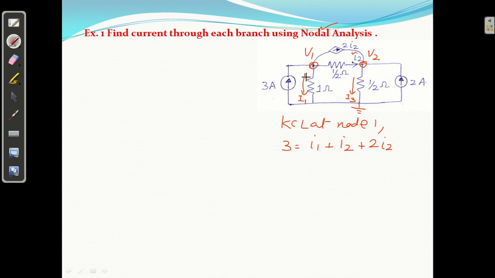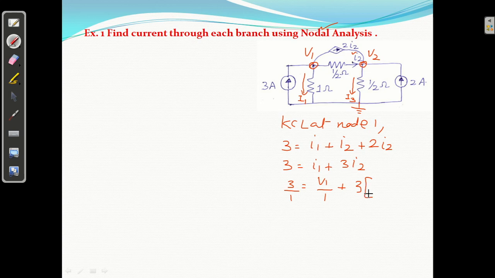You can see here I1 is outgoing, this I2 is also outgoing, and this 2I2 is also outgoing. So I1 plus 3I2 equals 3. What is I1? I1 is V1 minus 0 upon 1.